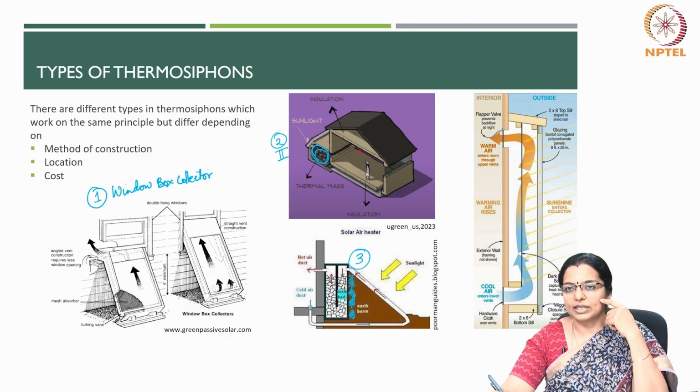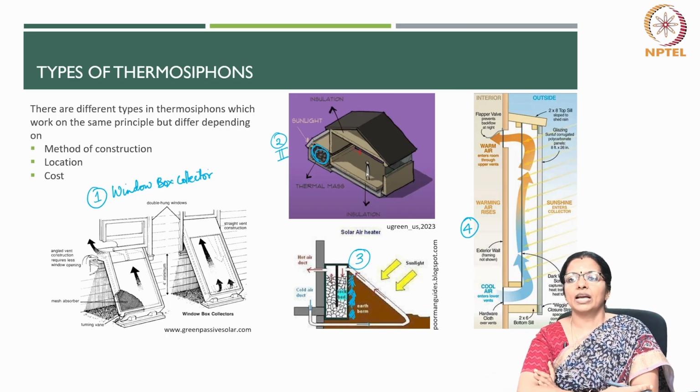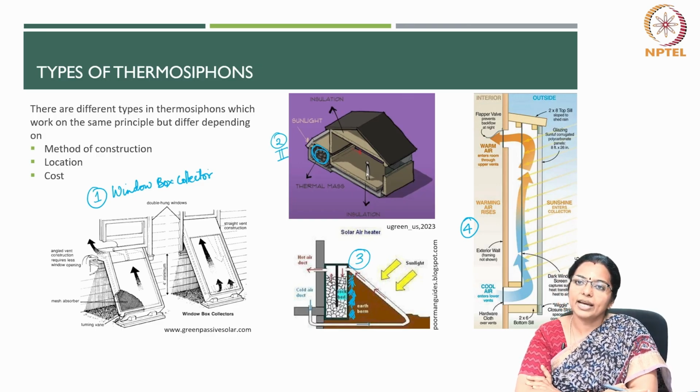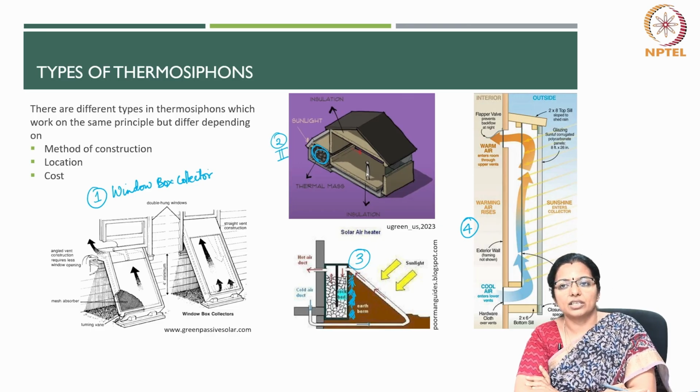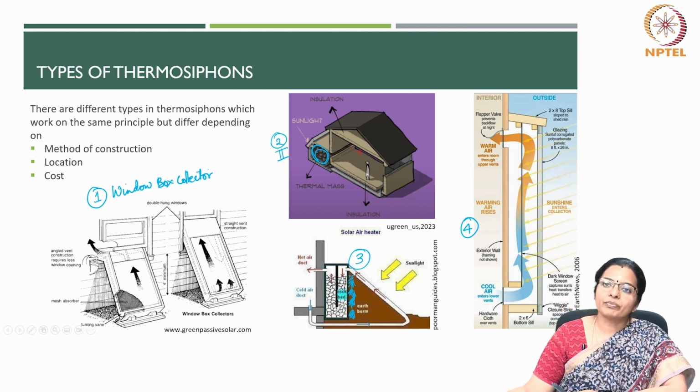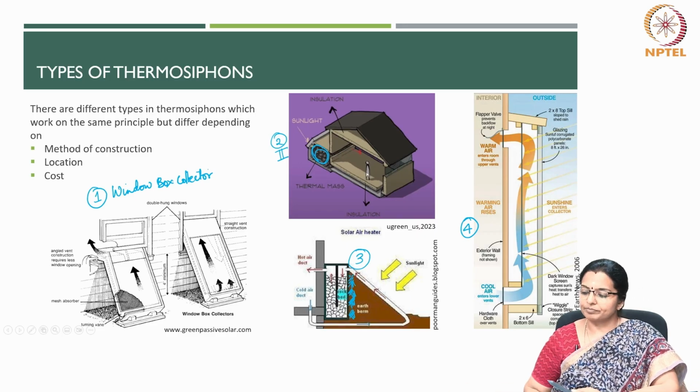And then the fourth is the wall solar air collector. This type can be installed on the equator facing blank wall of any building during construction or as a later addition. It does not take up much space and is relatively cheaper as compared to the other types.